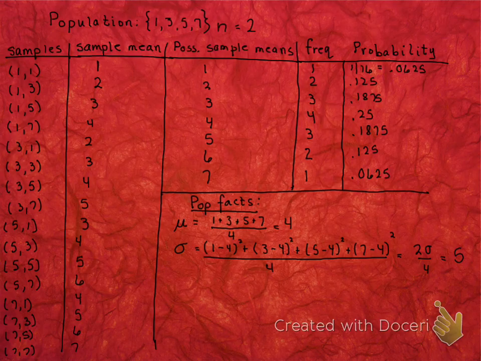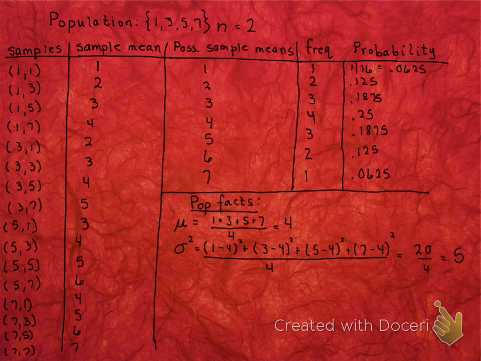And then that is our variance, okay? Now we can find the standard deviation by taking the square root of 5, because that's actually variance, not standard deviation. So the variance is 5, and then the standard deviation would be the square root of that.